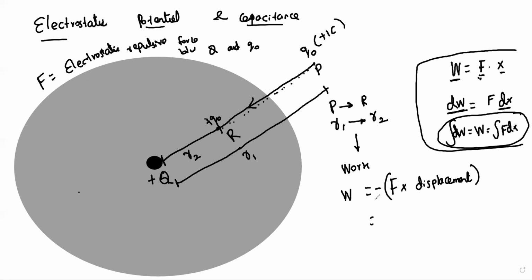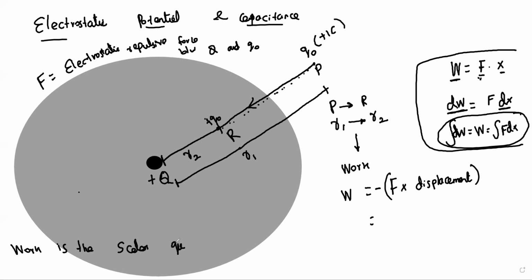So I just need to put minus, because work is a scalar quantity. Scalar quantity means you don't need to associate any direction. It is the energy we spend against that force.